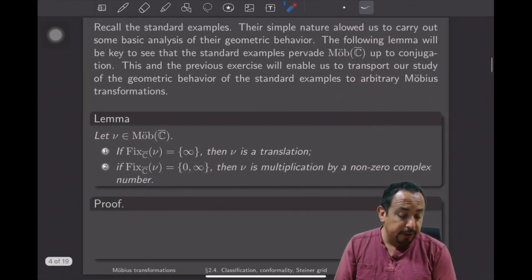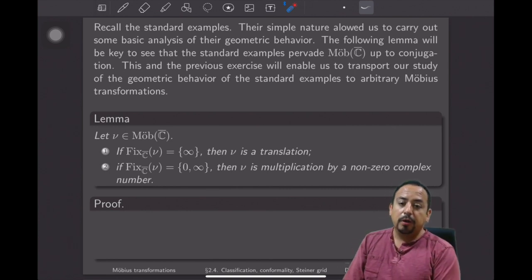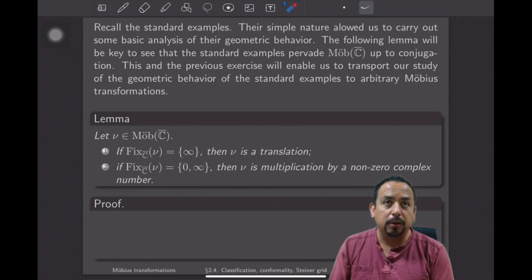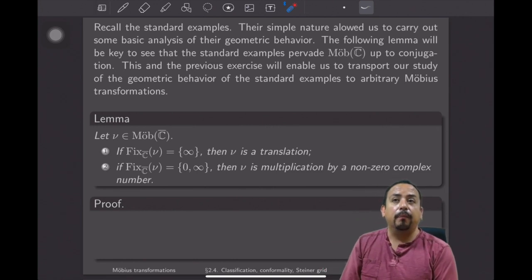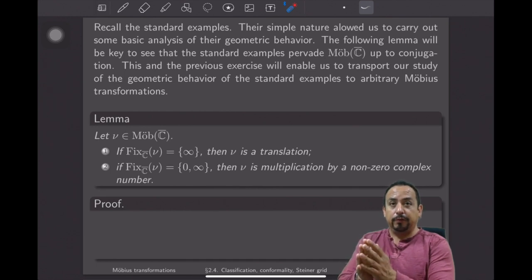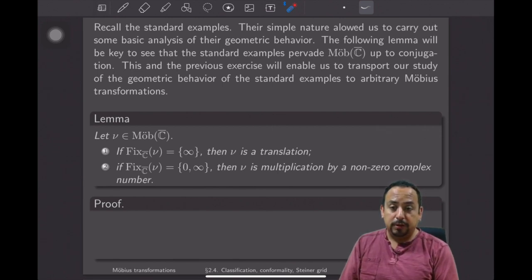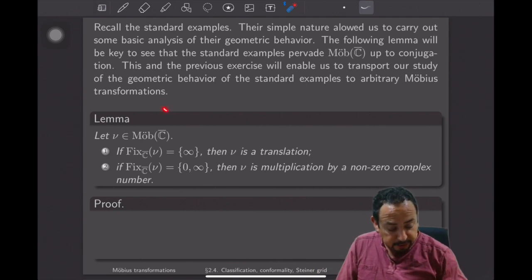So in the last lecture, in the review, when showing that if two Möbius transformations have the same set of fixed points, then they commute, we used, and I left as an exercise, the statement of this lemma.